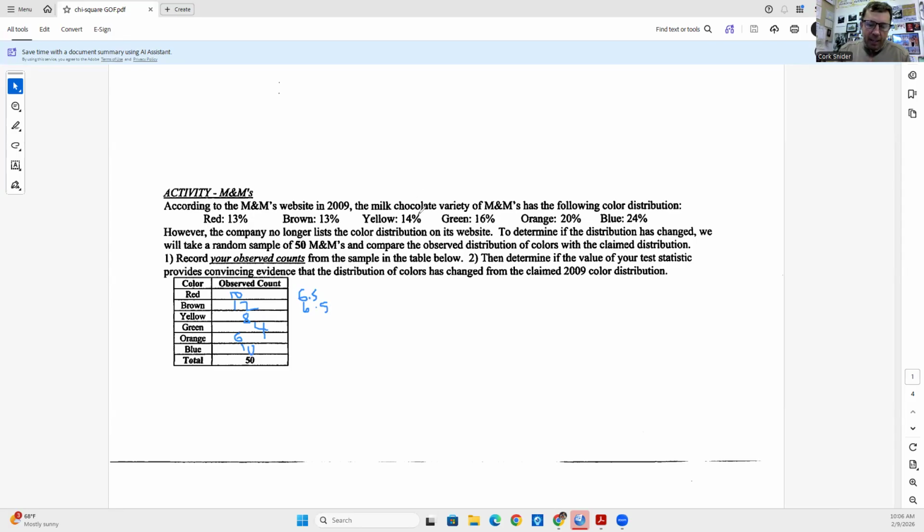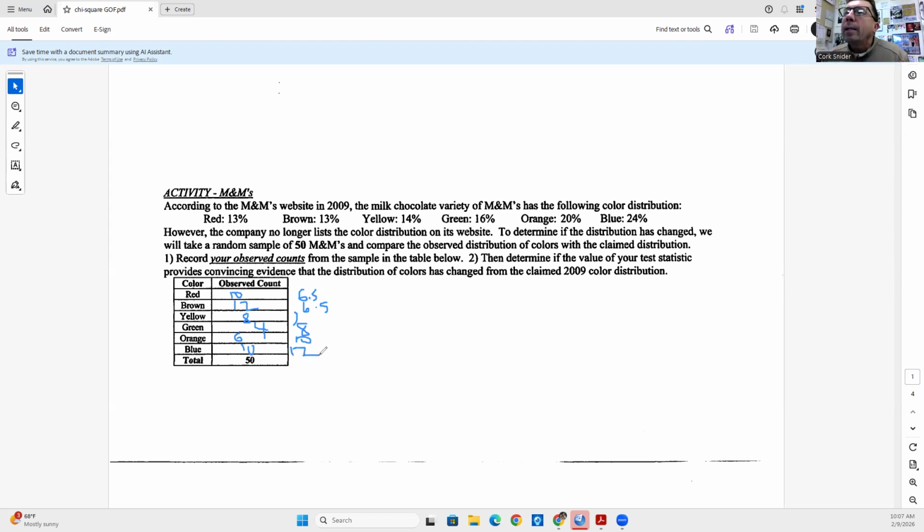So 50 times 0.14 is exactly 7. Green is 16%. So 50 times 0.16 is 8. The orange would be 50 times 0.2. That's 10. And then the blue one is 24%. So 50 times 0.24 is 12.